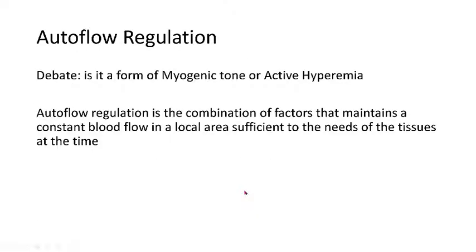And autoregulation, there's a big debate. Is it real or is it a form of myogenic tone or active hyperemia? The key is that autoregulation is the name given to when we need to maintain constant blood flow. So it seems to be very related to myogenic tone. It just depends on what the overall blood flow is.